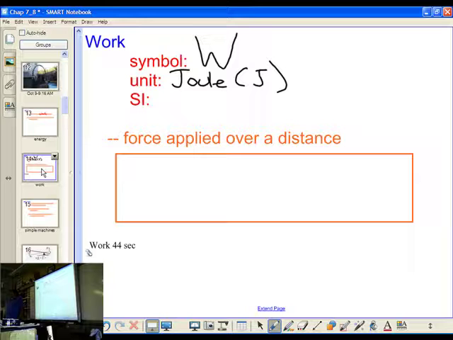Up until Joule's experiment, people thought you have heat energy, you have this energy, you have that energy, and they're all separate. After Joule, we know that energy is energy, and it just transfers from one type to another.